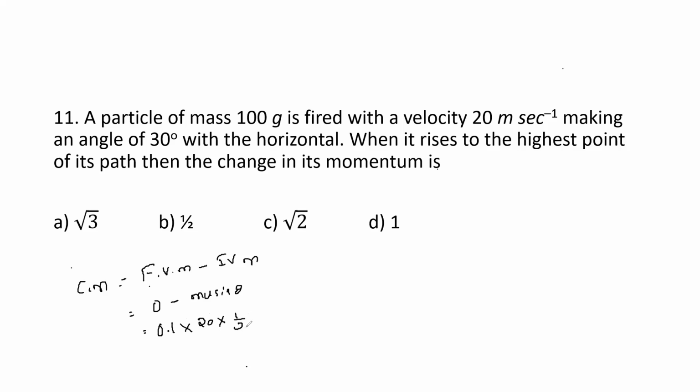So sine 30 degrees, how much? It is 1 by 2. So therefore 20 by 2 is 10. 10 into 0.1 is how much? It is 1 kg meter per second. 1 kg meter per second is the answer here. That is option D is the correct option. Option D is the correct option, right?